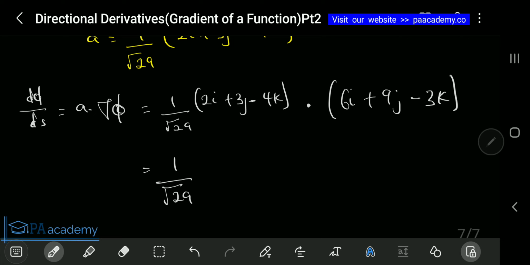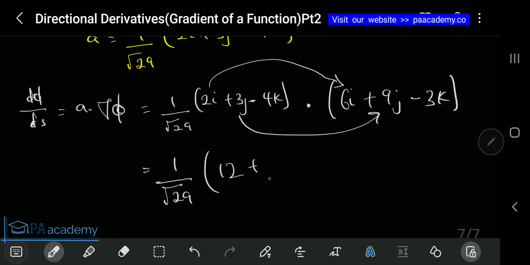For the dot product, 2i will multiply 6i, and that will give us 12. Like I said, if you are doing a dot product, the coordinates will drop out. Then 3j multiplied by 9j will be 27. And then minus 4k multiplied by minus 3k will give us plus 12.